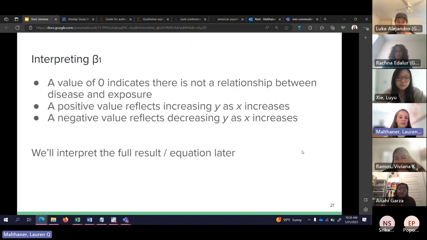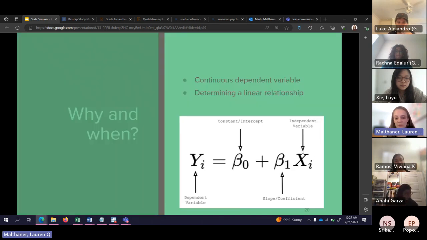So when you interpret your beta coefficient, a value of 0 would indicate that there's not a relationship between the disease and the exposure. And if we think about this equation, that would be if beta 1 was equal to 0, our dependent variable would be equal to only the constant and intercept because X would be multiplied by 0.